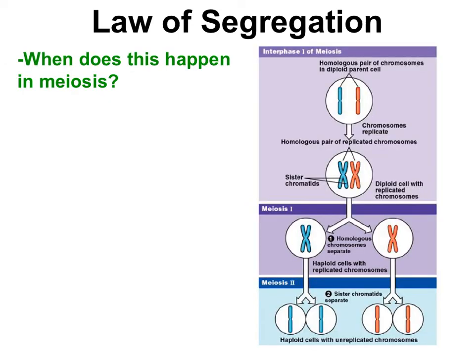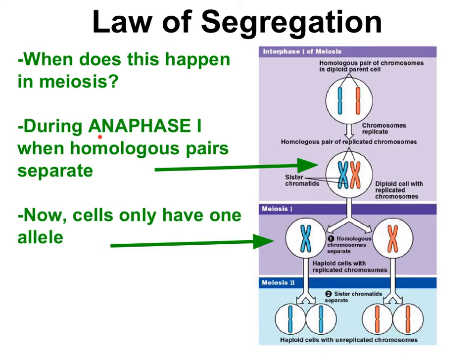Now that we're bringing some knowledge about meiosis to the table, we can connect Mendel's law of segregation back to meiosis. So, when do the alleles segregate in meiosis? The segregation happens in anaphase 1. The original cell has, say, big P and little p. At metaphase 1, you see the big P and little p line up next to each other, and then in anaphase 1, the big P and the little p will segregate from one another.